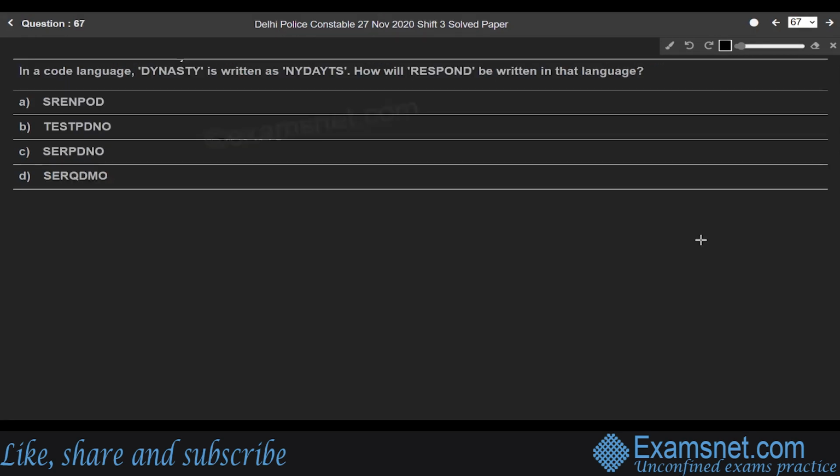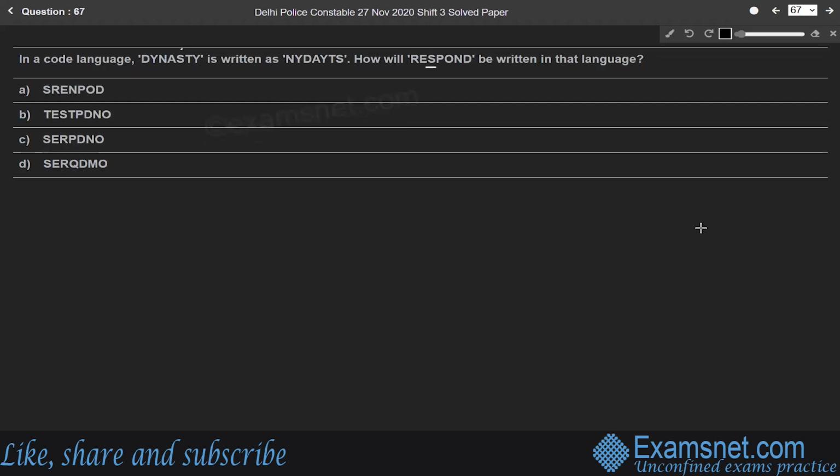Question 67. In a code language, dynasty is written as NYDAYTS. How will respond be written in that language? So here, DYNASTY is coded as NYDAYTS. Here, the positions of the first and third alphabets are interchanged.